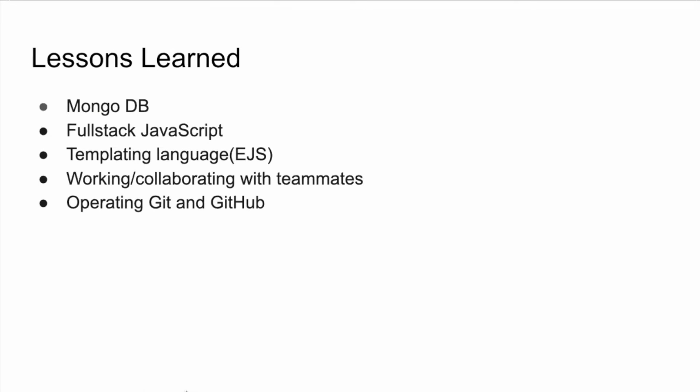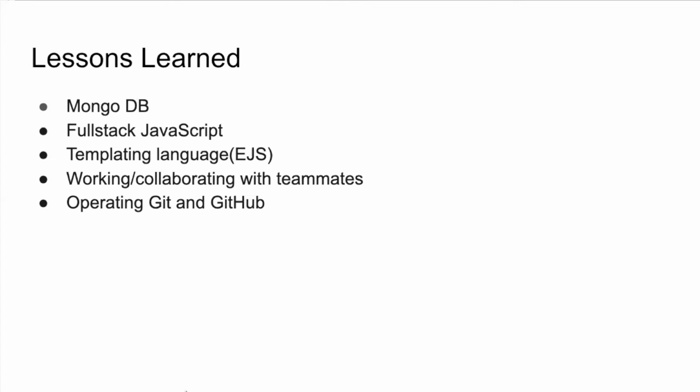So some lessons we learned during this project were MongoDB, because we hadn't had much experience with it before, but we definitely learned how to use this in depth, because as Kelly said, we used Mongo to save user information to a database. And we also learned how to use full stack JavaScript.